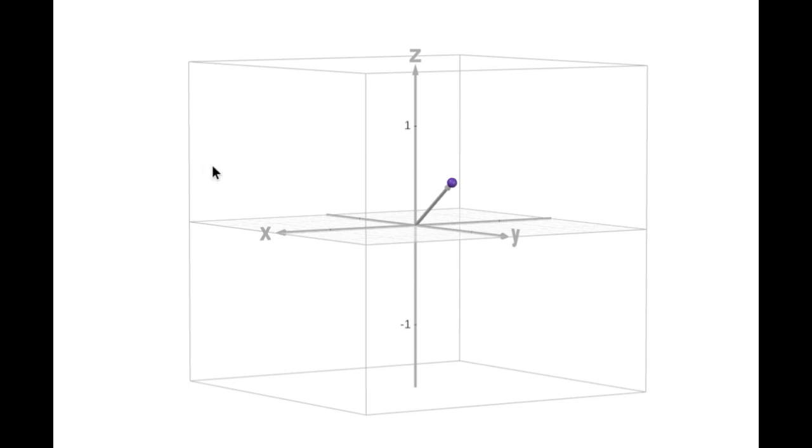Changing from the North Pole down, we define this angle as theta. Swinging around the equator, we define this angle as phi. And of course, the radius is the radius of the sphere.